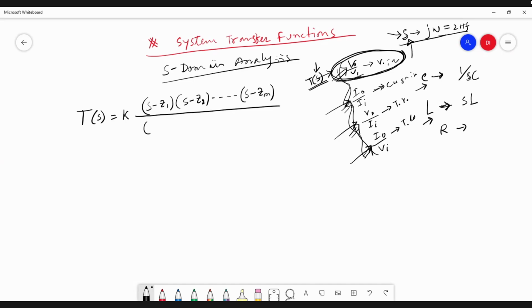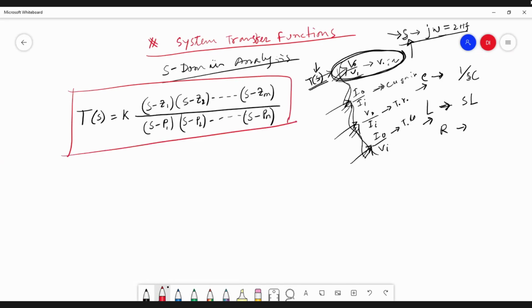And in the denominator, it is S minus P1, S minus P2, and S minus Pn. So this is basically a generalized transfer function. I mean, these four types of transfer function we can represent in this way. Any one form of this we can represent in this form. This is basically called the generalized transfer function form.